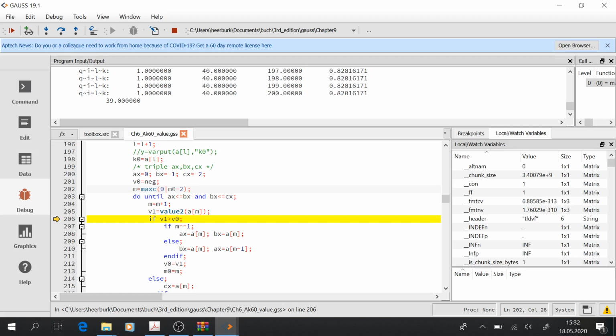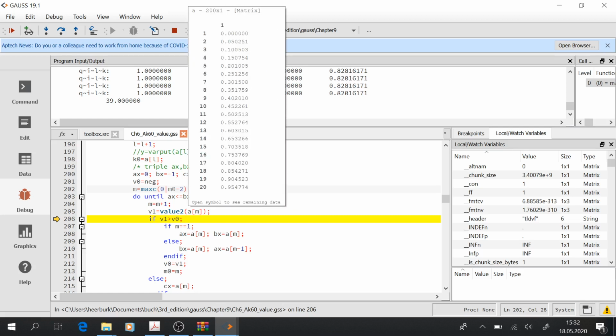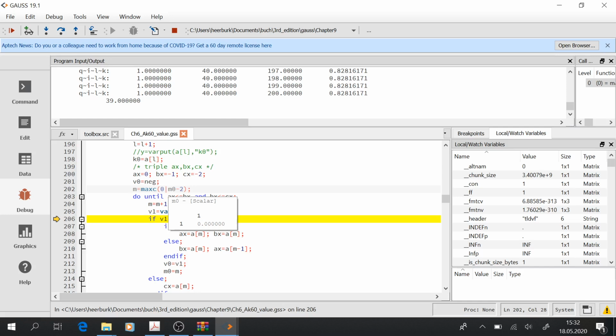And in fact we store this in the variable M0. So if in the last iteration our optimal asset grid is on the grid point M0, then in this iteration, well, we start looking at M0 minus 1 to find the new interval that brackets the maximum.